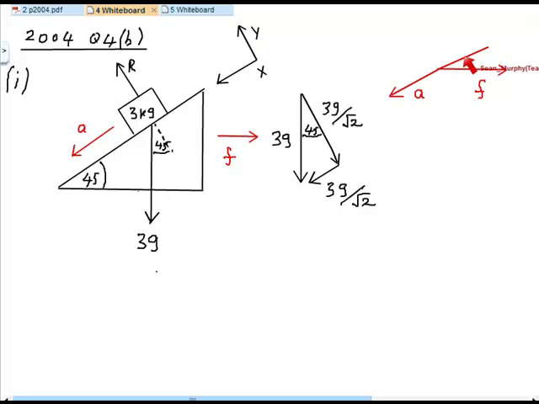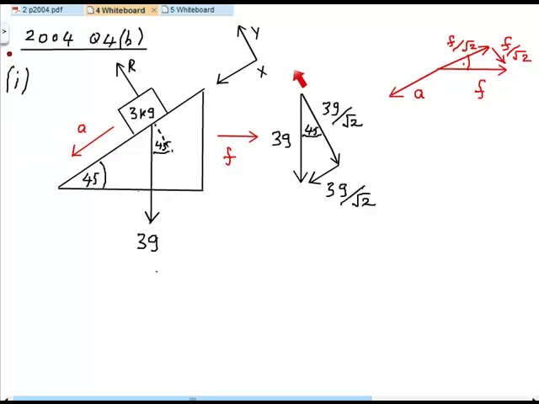So here's the component parallel to x, and there's the component parallel to y. And again, don't forget the arrows, these are very important for applying the F equals ma equation later. Now because all the angles are 45, this is going to be F over root 2, F cos 45, and F sin 45, F over root 2 yet again. And that's the force and acceleration diagram for the 3 kg.